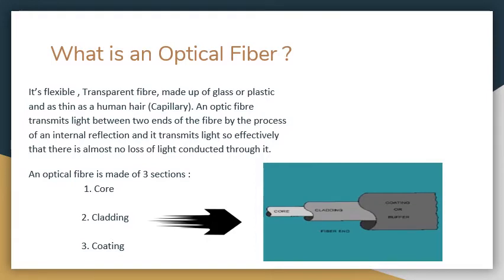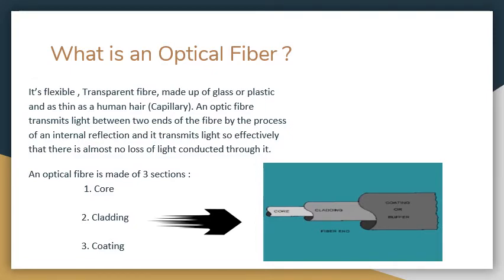What is an optical fiber? It's a flexible, transparent fiber made up of glass or plastic and as thin as a human hair. An optical fiber transmits light between two ends of the fiber by the process of internal reflection, and it transmits light so effectively that there is almost no loss of light conducted through it.